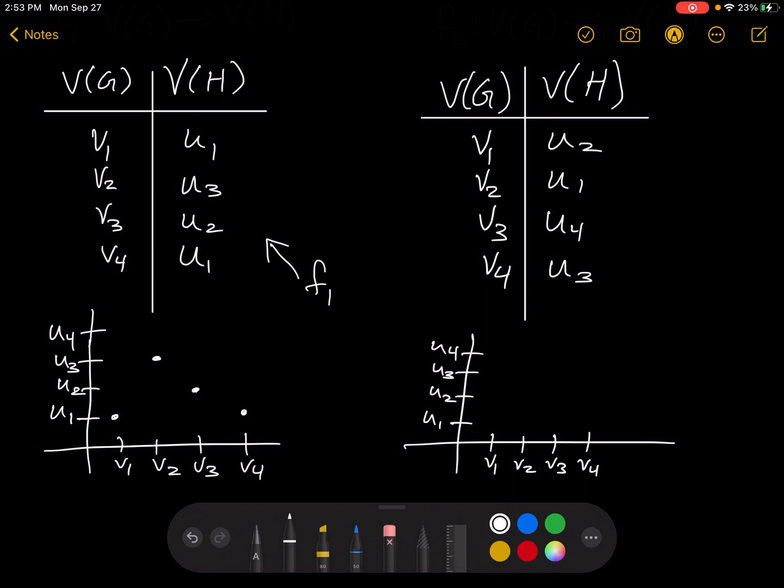And now you can see that f1 does not pass the horizontal line test. So f1 is not one-to-one.